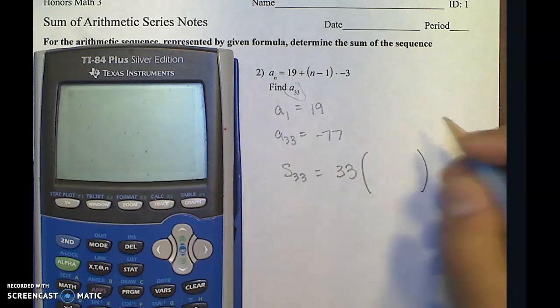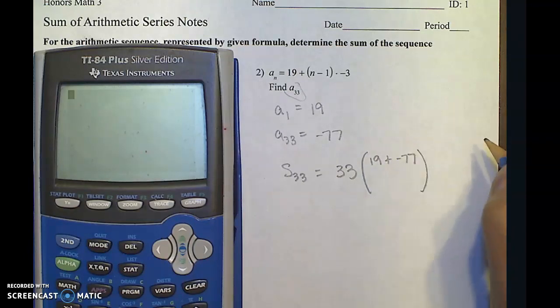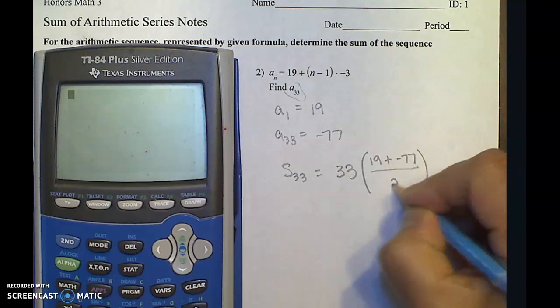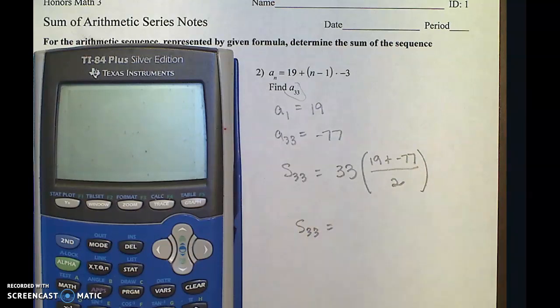We're going to multiply that by the first term plus the last term in our sequence divided by 2. So the sum of the first 33 terms of the sequence is negative 957.